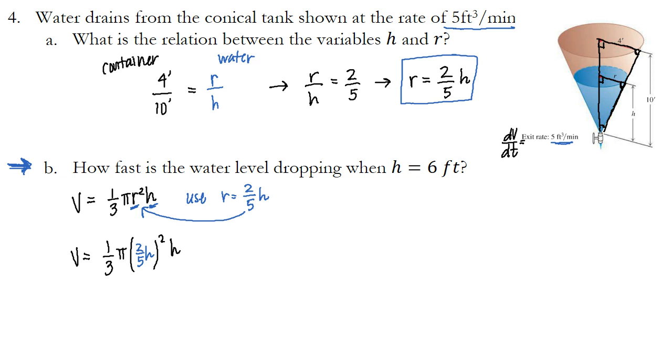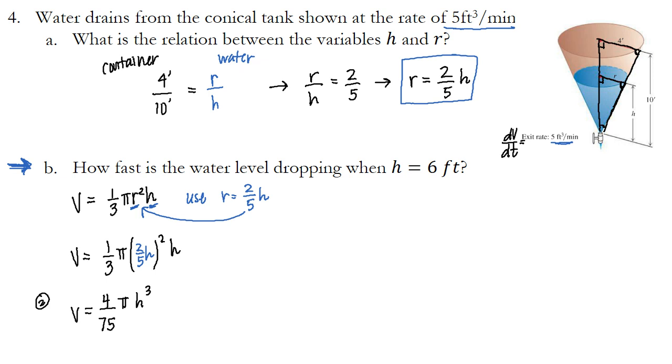So by cleaning that up, you find that the volume is 2 squared is 4 over 75, 3 times 25, times pi, times h cubed. There were two h's there, h got squared times another h. That's an equation, remember that's step 2, that relates the variables.